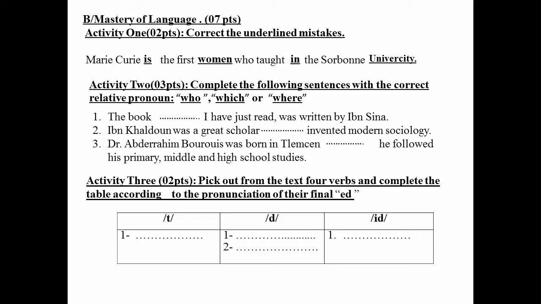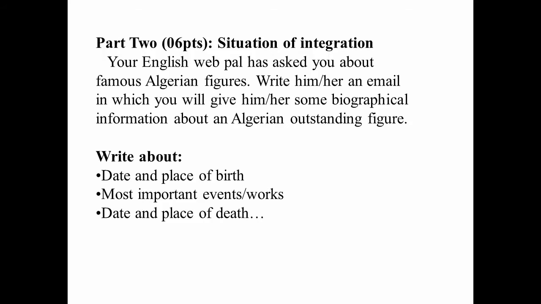Pick out from the text 4 verbs and complete the table according to the pronunciation of their final ed. 4 verbs, in which their final ed pronunciation is t, d, or id. So t, you will find 1 verb, d, you will find 2 verbs, and id, you have to find 1 verb. Excellent.